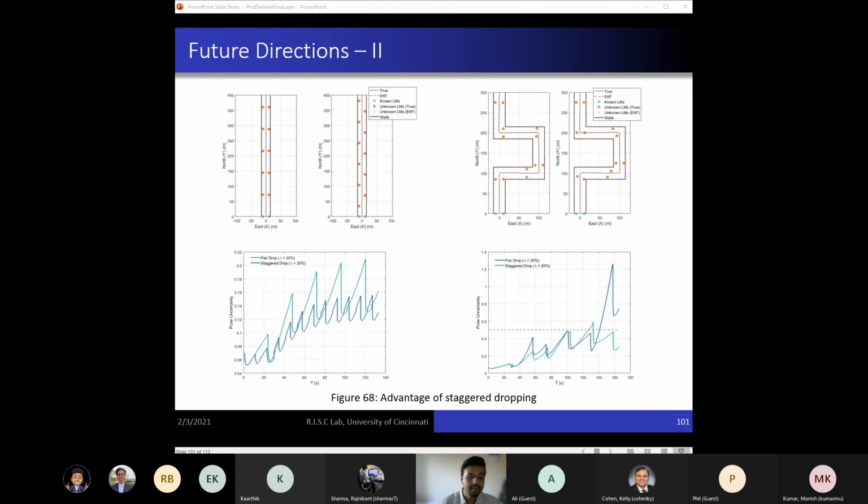For the hybrid optimization problem, we assume that the landmarks are deployed in pairs. However, we noticed that if we drop them in a staggered configuration, we can further reduce the maximum position uncertainty. For the staggered configuration, as shown in figure 68 on the left, we considered a half range drop.